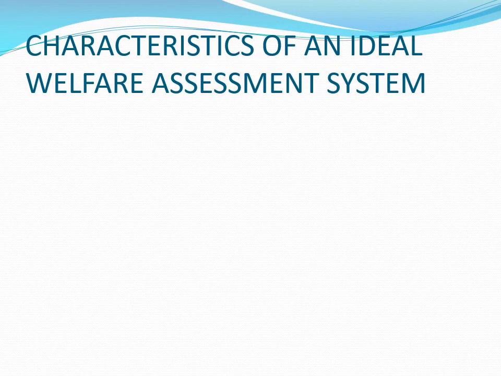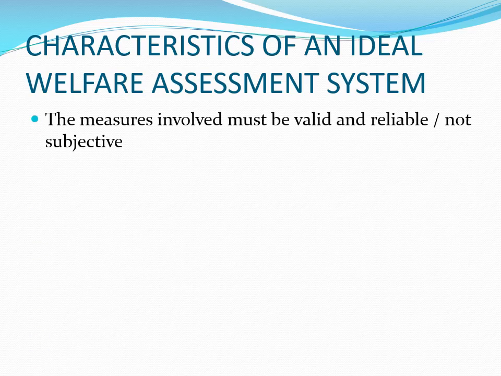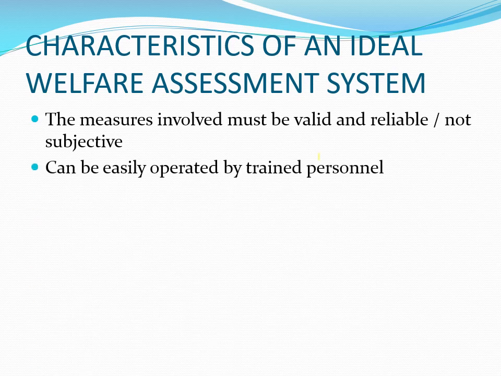For any welfare system, there have to be different characteristics, and we usually want to know which one is the ideal one. The first characteristic: the measures that you get from the assessment should be valid and reliable, so they should not be subjective. The second characteristic: the system should be easily operated by a trained person.